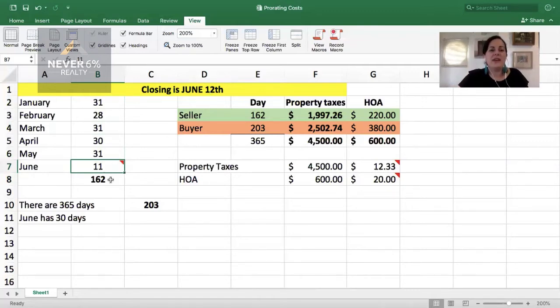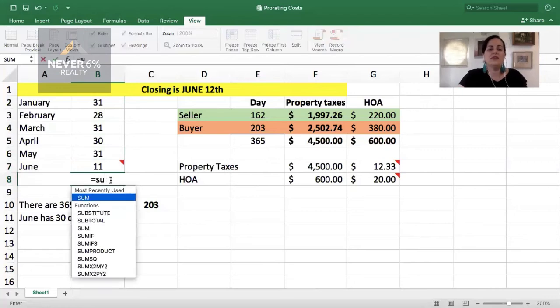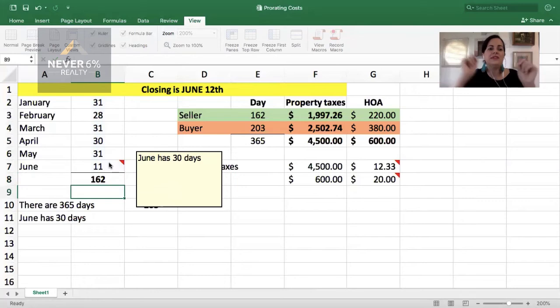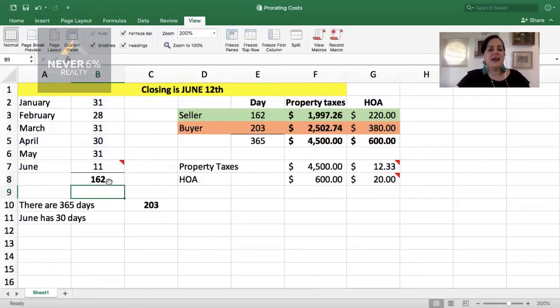You add up, and then if you want to do this in Excel, you put equals and you put sum, you open parentheses, and then you close parentheses, you press enter. And here you're going to see that there are 162 days from January 1st all the way to the day of the closing. From there, remember, we had 4,500.